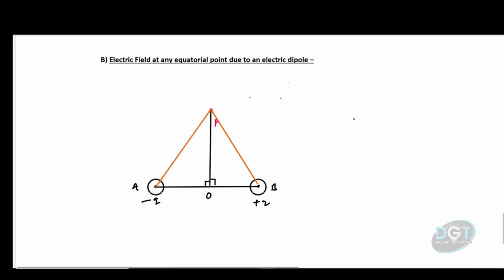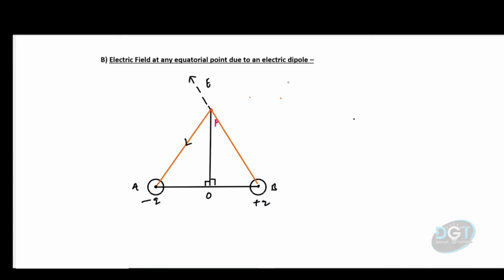Okay. Now since A is negatively charged, electric field would be towards A because of this charge at this point, and since B is positively charged, electric field would be away from it, so it would be somewhat like this.